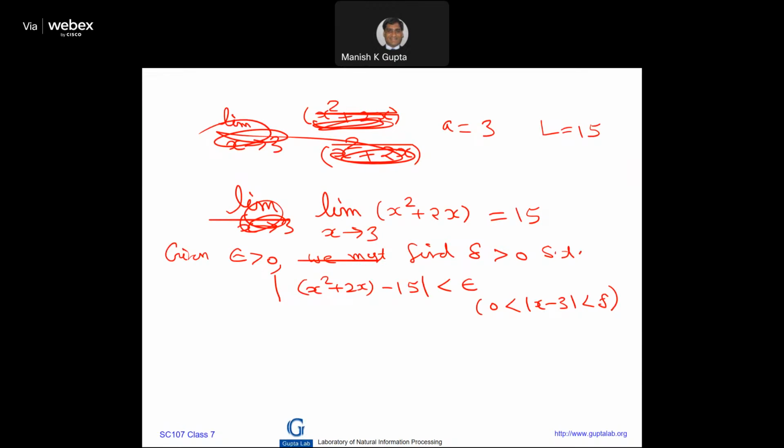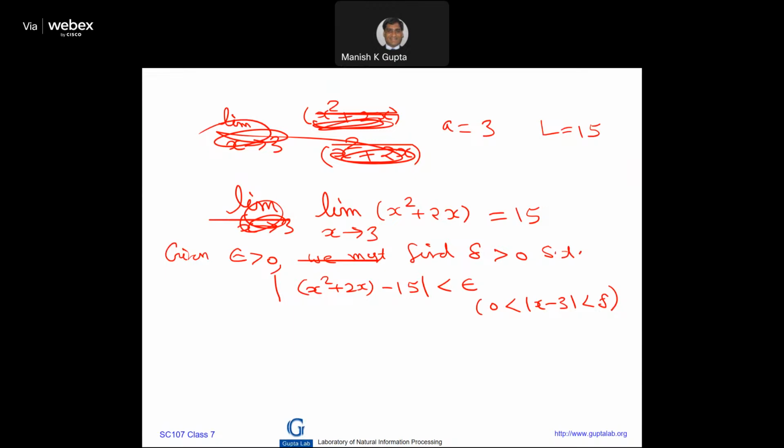Finding delta means I have to decide the neighborhood of 3, given the neighborhood of L, which is 15. Epsilon is given, I have to find delta such that the whole thing makes sense.